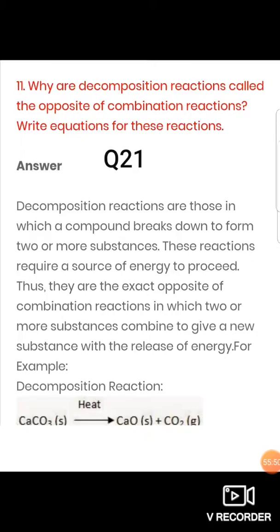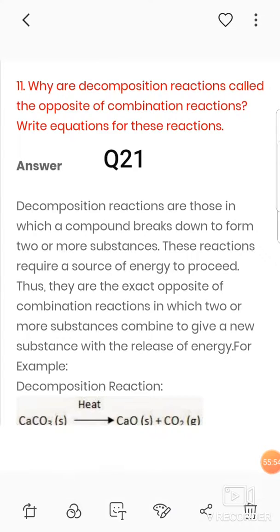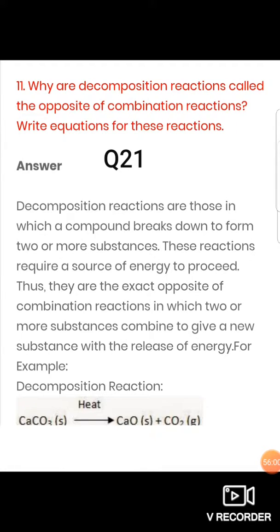In this decomposition reaction, if you heat that marble, it will give calcium oxide in solid form and the CO2 will be released in gas form. So this is a decomposition reaction. This is why decomposition reaction is called the opposite of combination reaction.